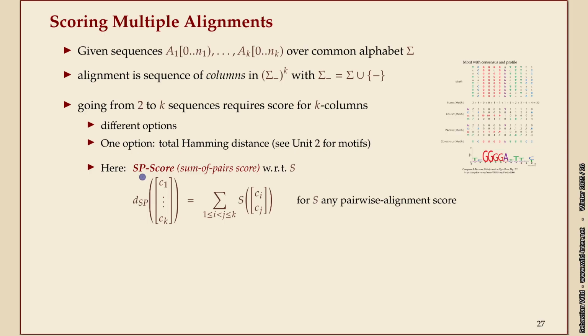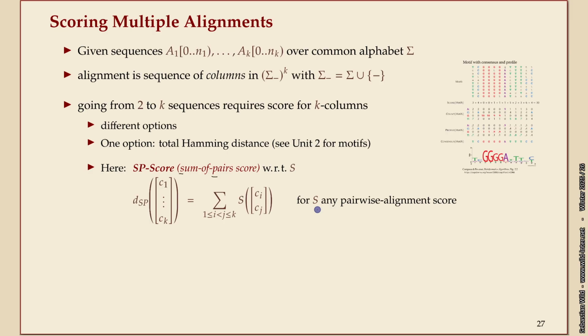So what we'll use is called the SP score, the sum of pairs score. That's where the SP comes from. So again, you sum up the scores of all the columns, and the score of one column with these K letters is just summing up all pairs in that column, all possible row pairs, and then using any pairwise alignment score.